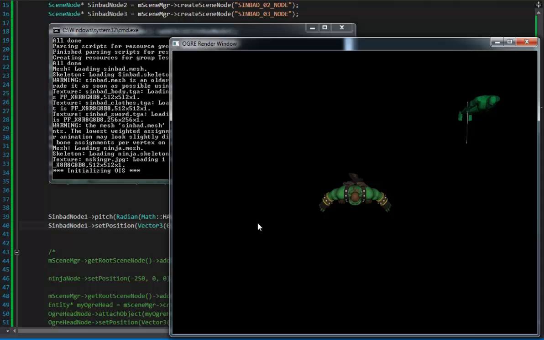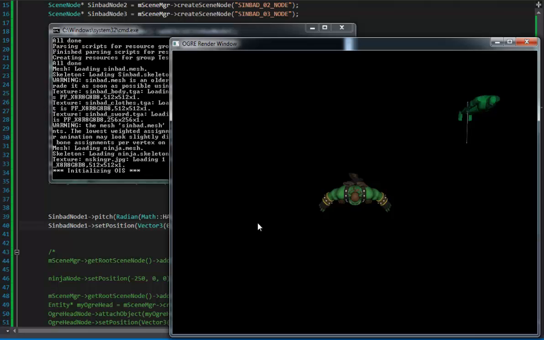I just moved the scene nodes and rotated them. So obviously, when I moved the Ninja back and forth, it was in the Ninja's coordinate system.